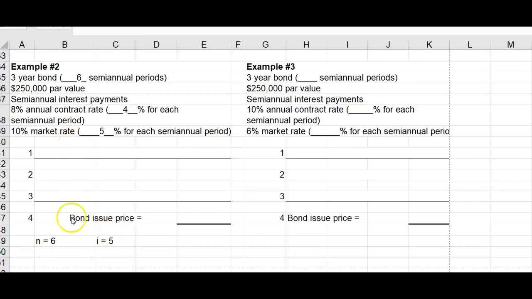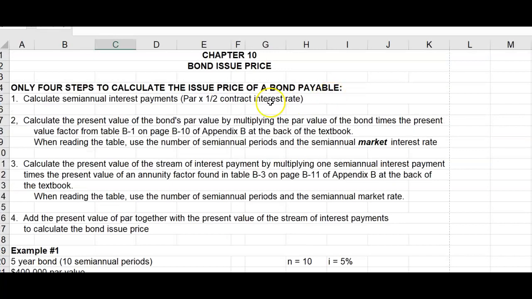Now let's review the 4 steps necessary to calculate our bond issue price. Step 1. Calculate the semi-annual interest payments by multiplying the par value times 1/2 of the contract interest rate.